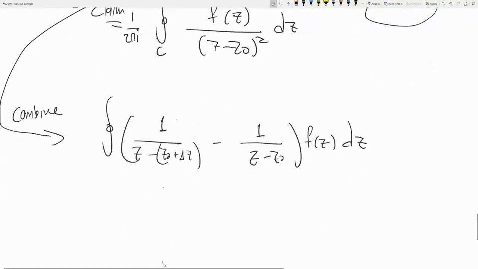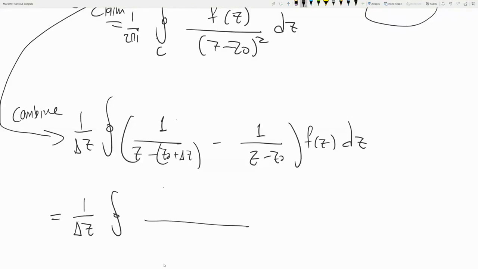If you do that, let me divide by delta z to see how they get the cancellation.